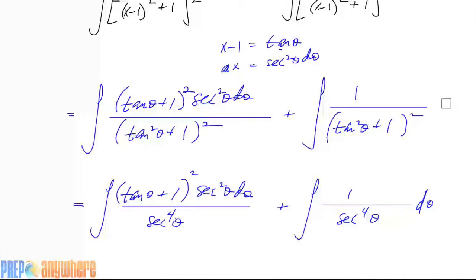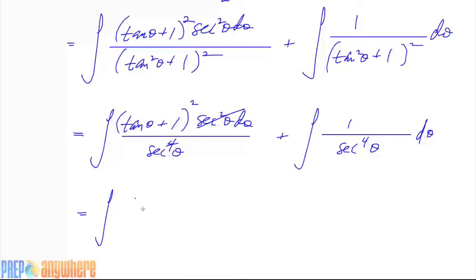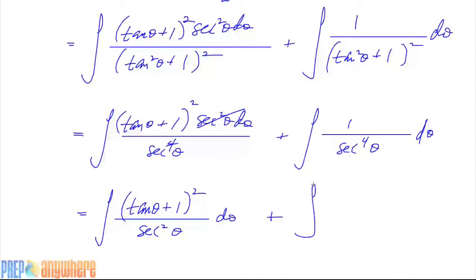Oops, I wrote dx there, it should be d theta. So that'll get reduced, and then we get over secant squared theta. This one I'm going to write as cosine to the power of 4 theta.